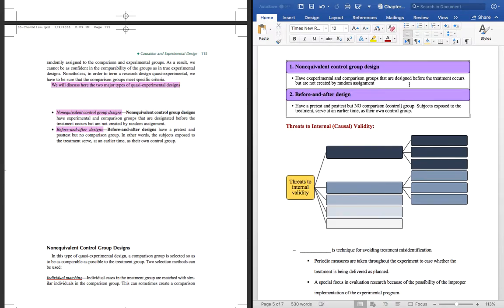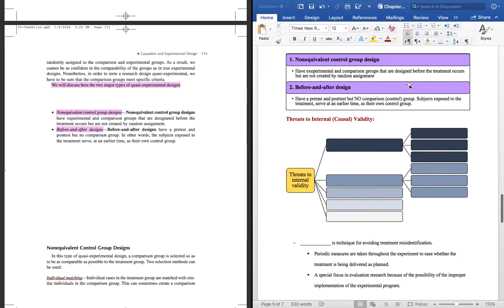So in non-equivalent control group designs, we have experimental and comparison groups that are designed before the treatment occurs, but are not created by random assignment. So in the example of studying in a library, I go and handpick students. I literally ask them whether they have ever studied in the library. It's not a random selection.